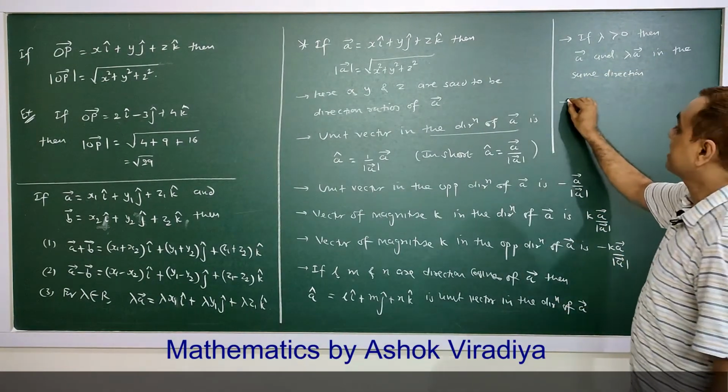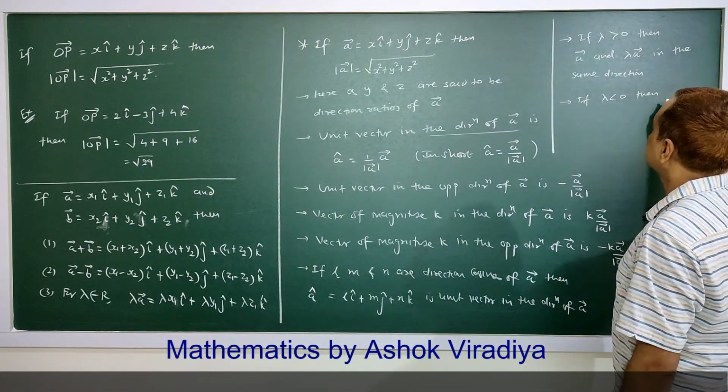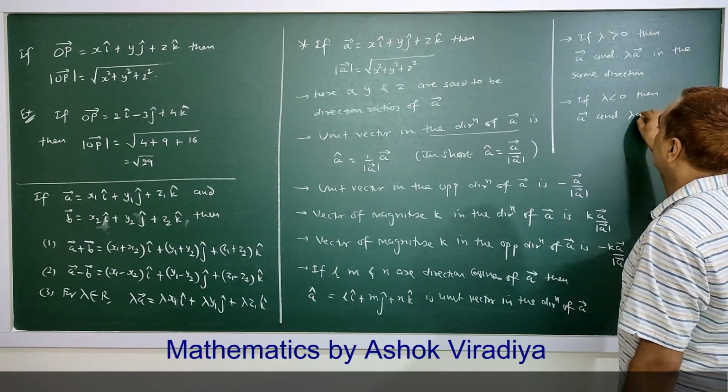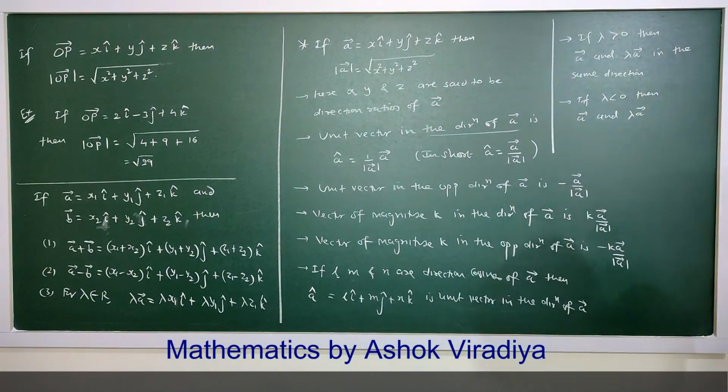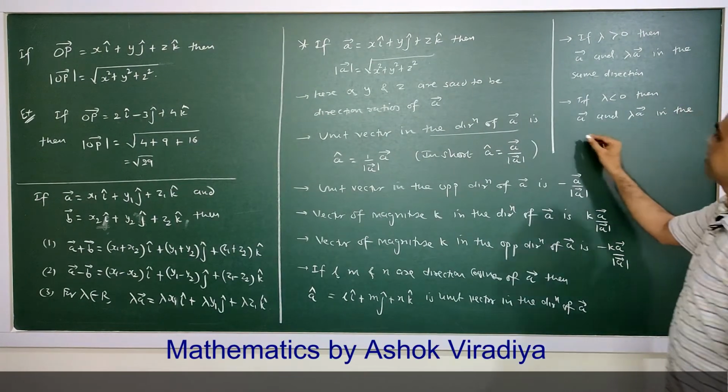If lambda is negative, then vector A and lambda times vector A are in the opposite direction.